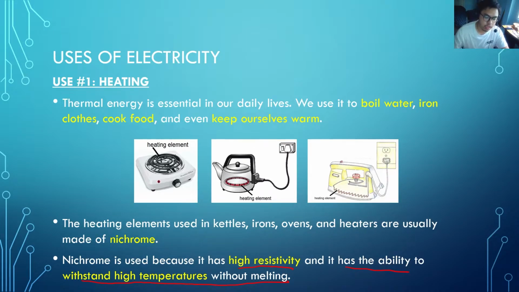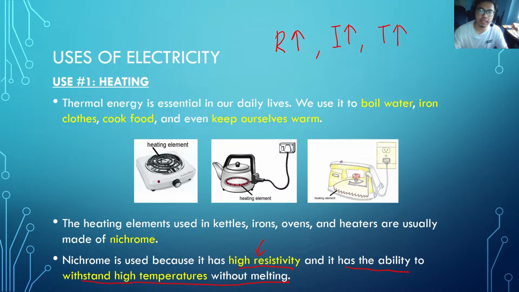Now, the first point here, which is high resistivity, might not be obvious, but if you remember from our previous lesson, whenever anything has a high resistance, so a large resistance, when there is a large current passing through it, it will increase the temperature of that object or component.